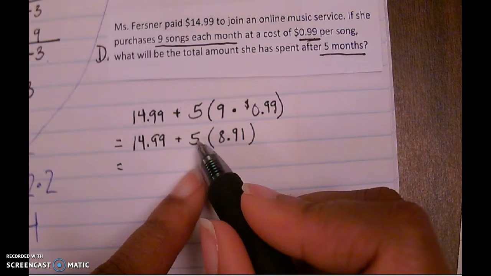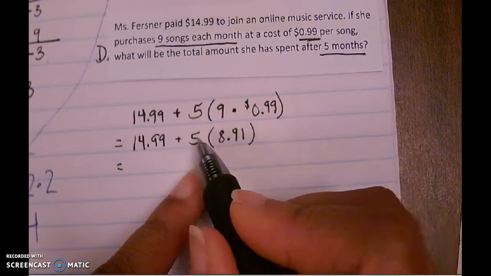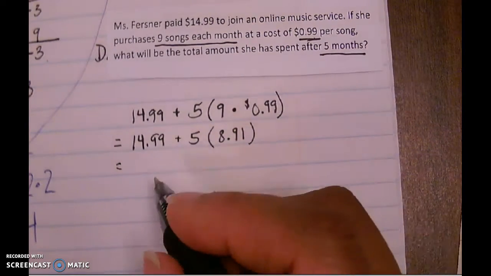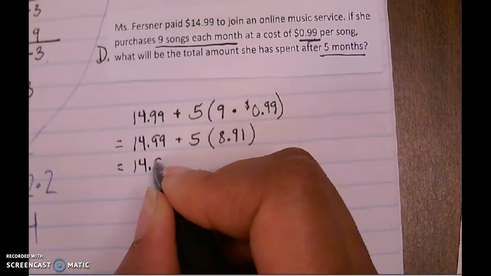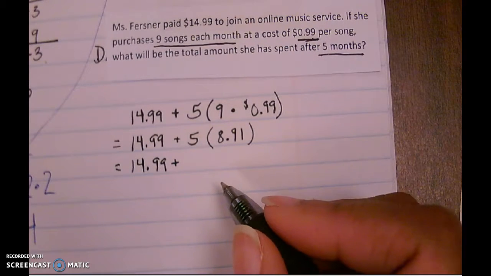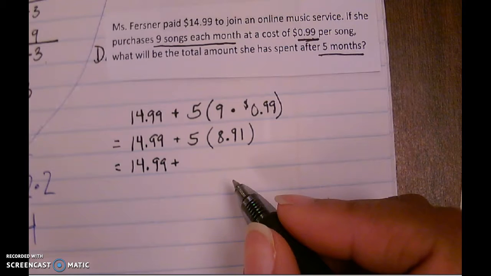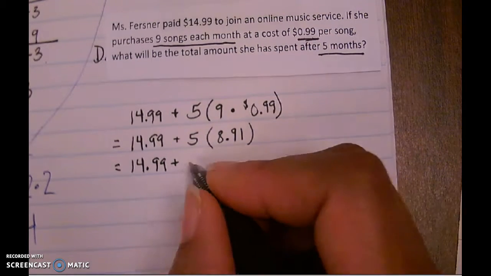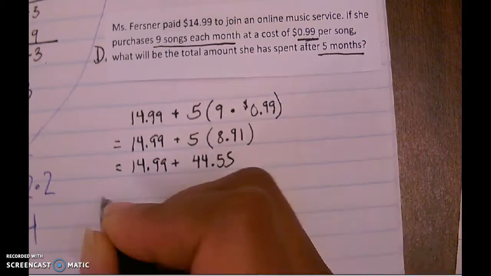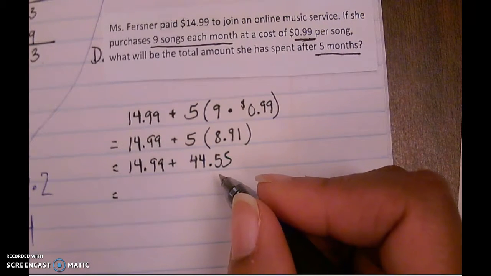Anytime you have a number next to a parentheses, you're going to be multiplying. So first, I'm going to bring down $14.99 plus, and when I multiply 5 times 8.91, I'm going to get 44.55.